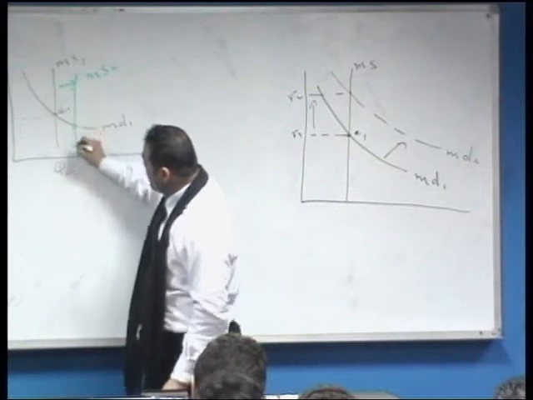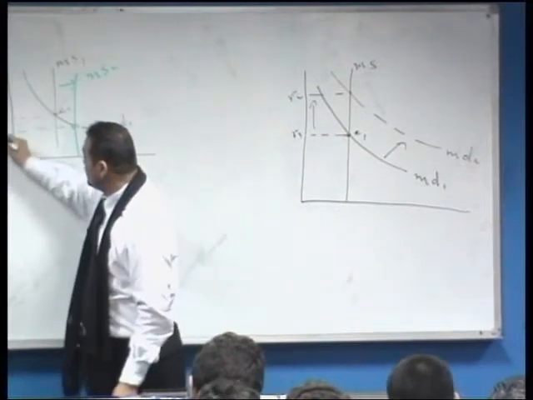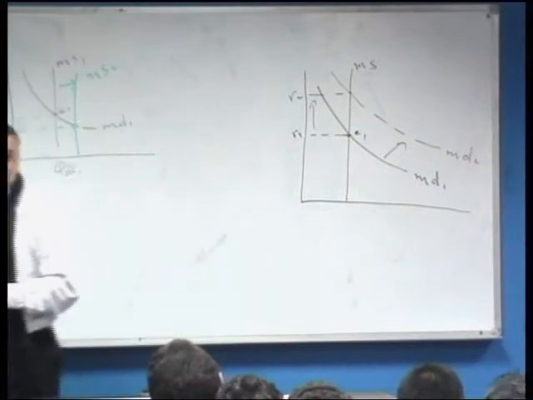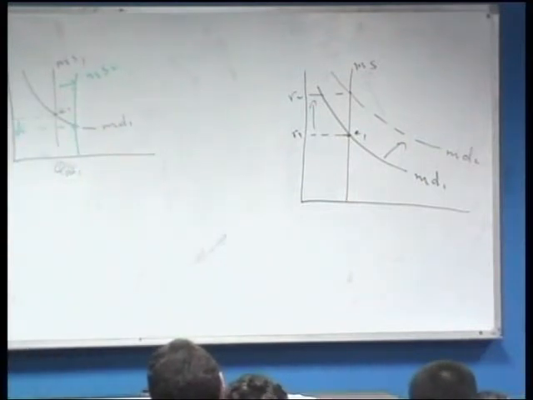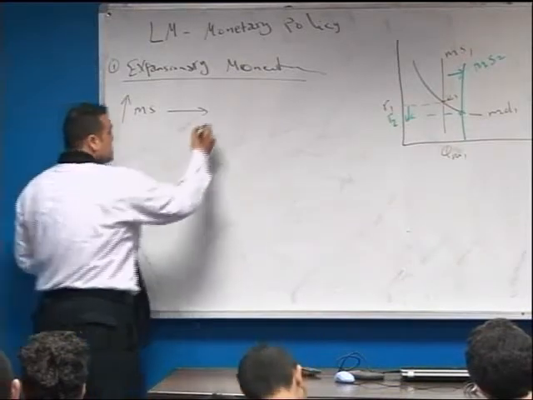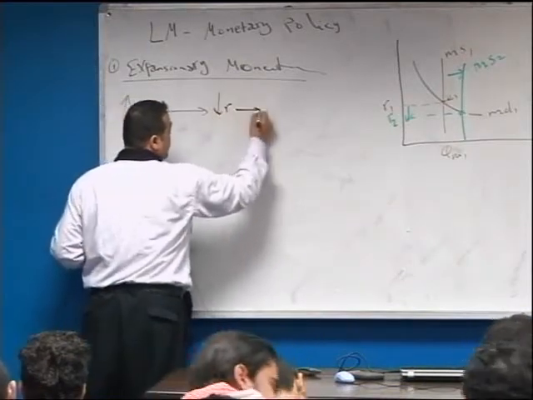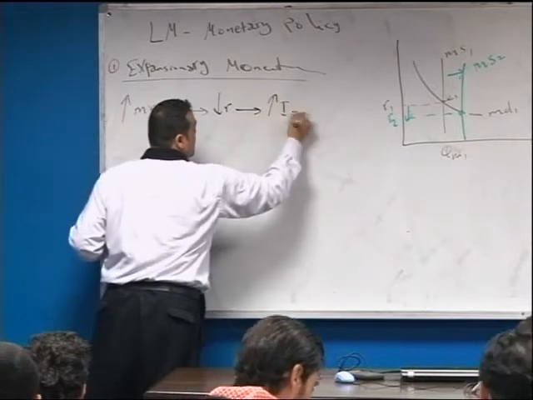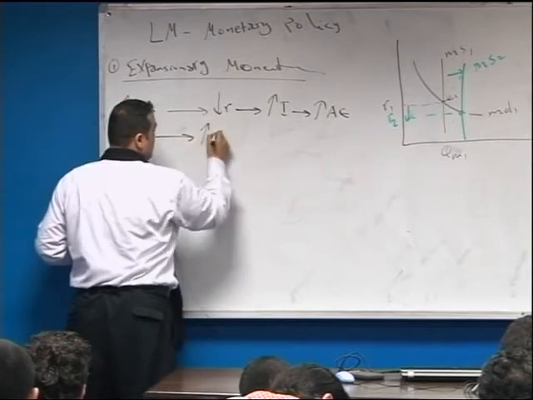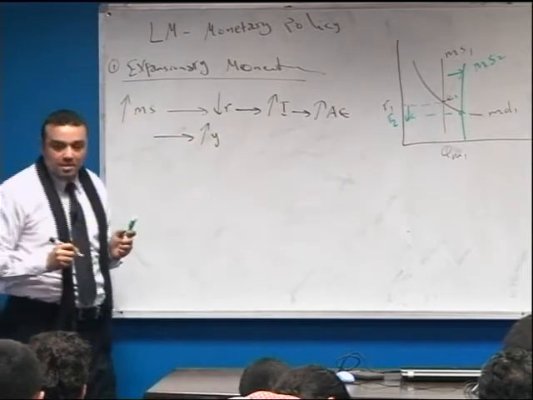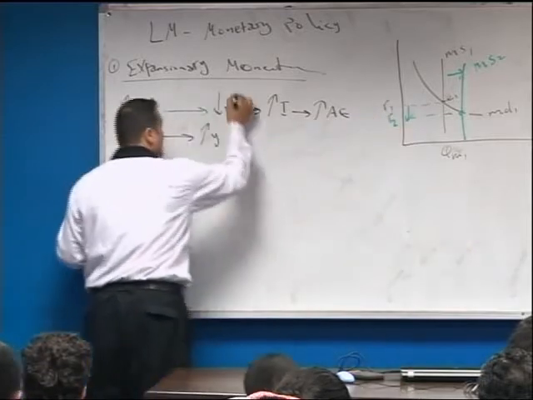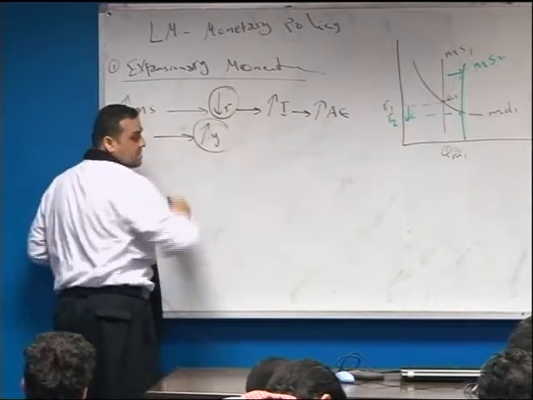In this case, the interest rate would decline. Right? Now let's come back to the analysis here. So the increase in money supply, or using an expansionary monetary policy, leads to a decrease in the interest rate, increasing I, increasing aggregate expenditure, increasing Y. What is the relationship you see between R and Y? Negative. This one declined and this one increased.